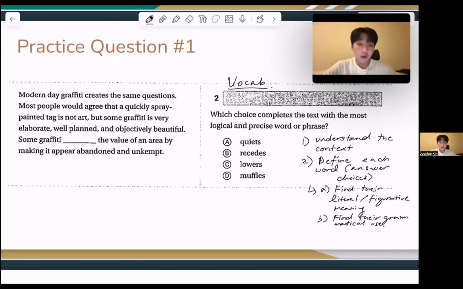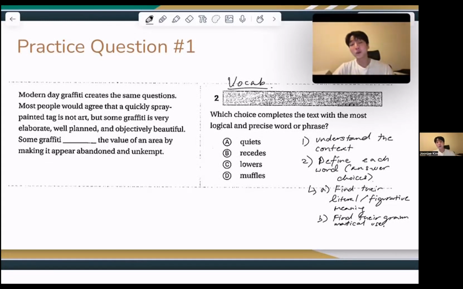A word will obviously have both a figurative and a literal meaning if it comes out in a vocab question. Words with both figurative and literal meanings will tend to be more likely the answer compared to ones that only have a figurative or only ones that are literal, because ultimately we're trying to find a broad word that could generally substitute the blank space.